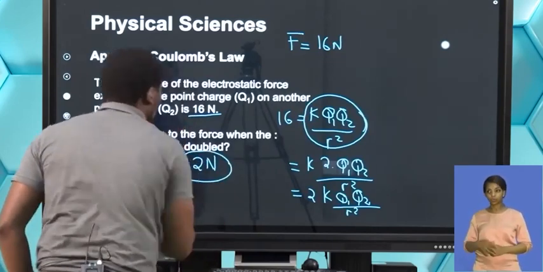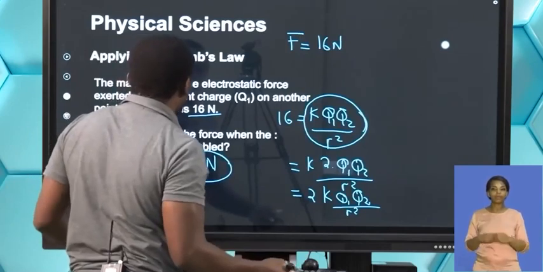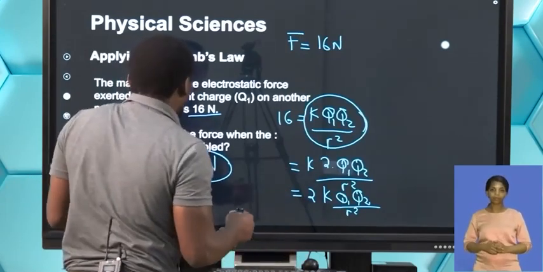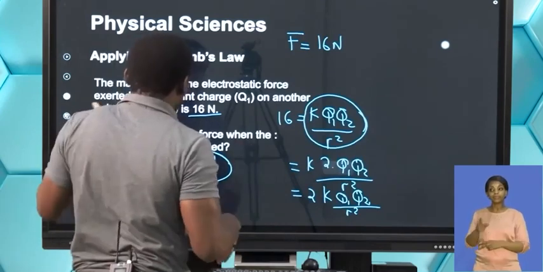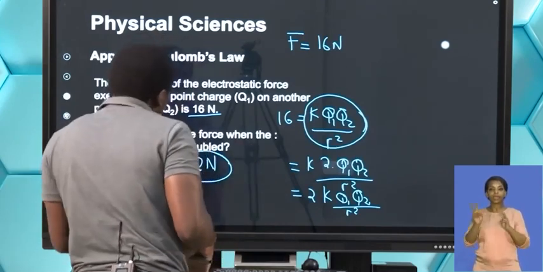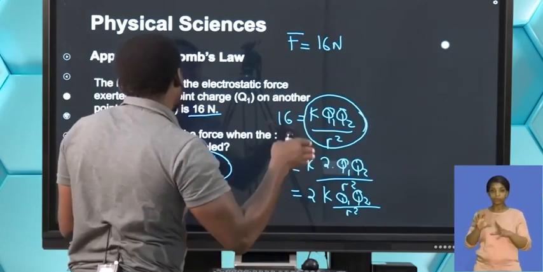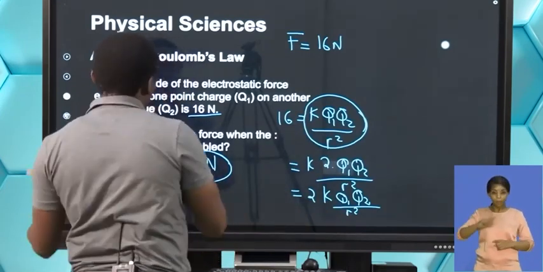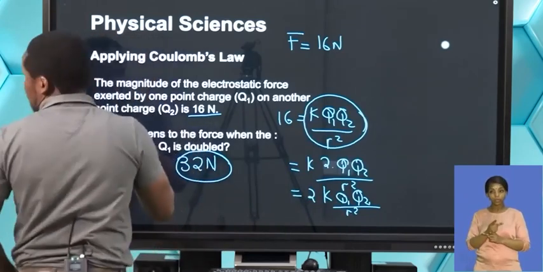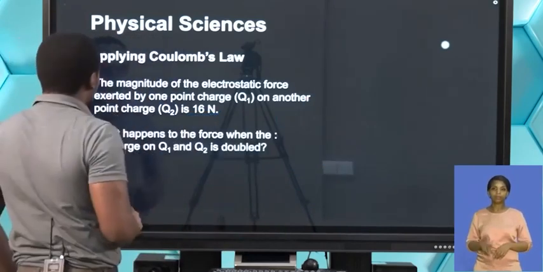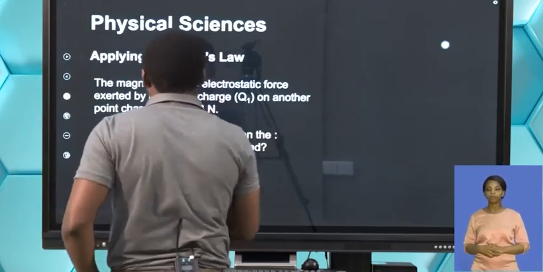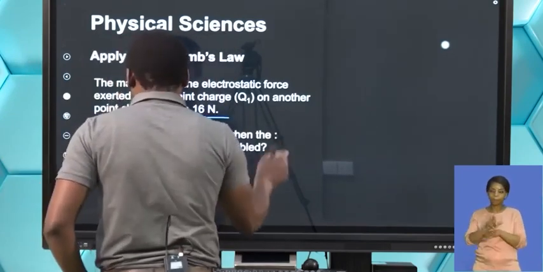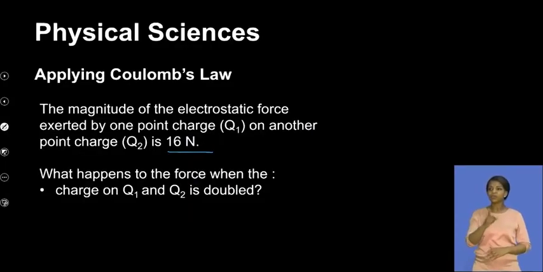So this is what it's all about. That's what it means when you say the product of the charges affects the electrostatic force. The electrostatic force is directly proportional to the product of the charges. So if we double the product, the electrostatic force will also be doubled. Then the magnitude of the electrostatic force is still the same, 16. What happens to the force when both charges are doubled?